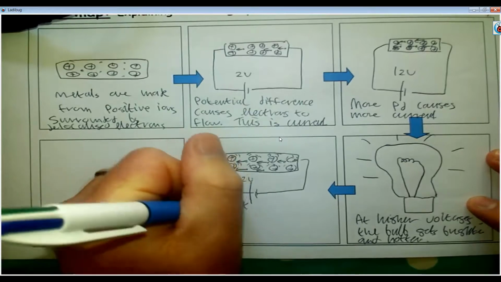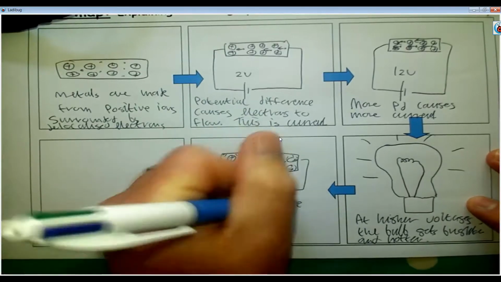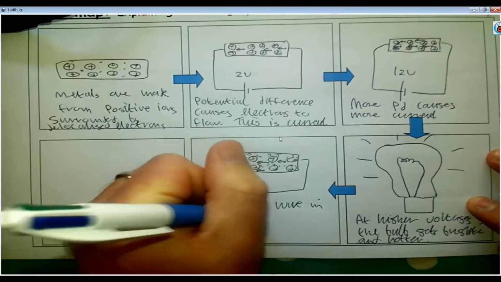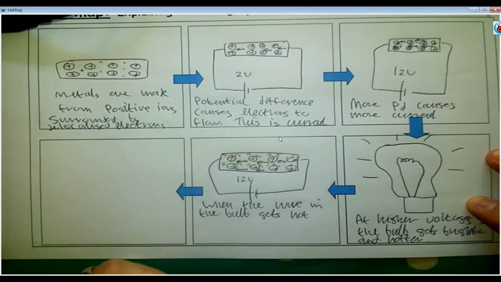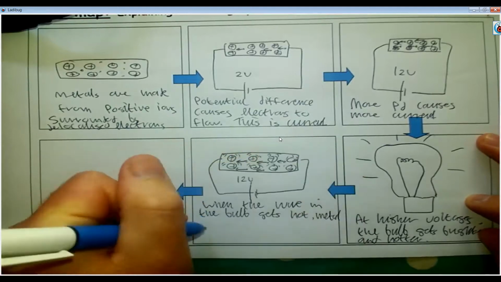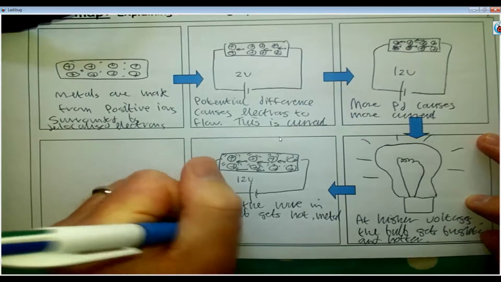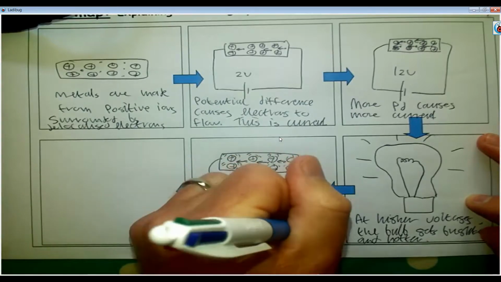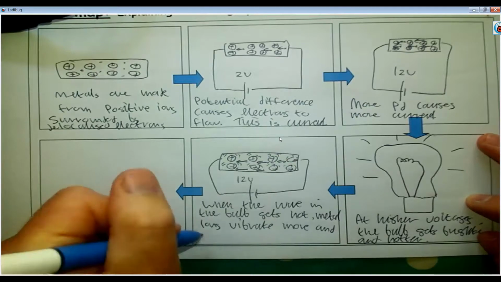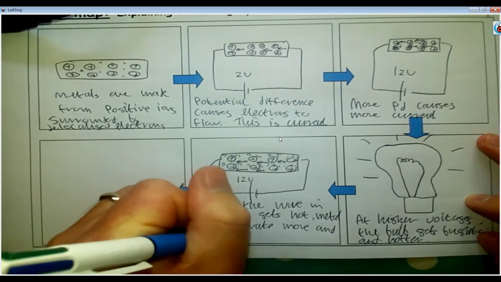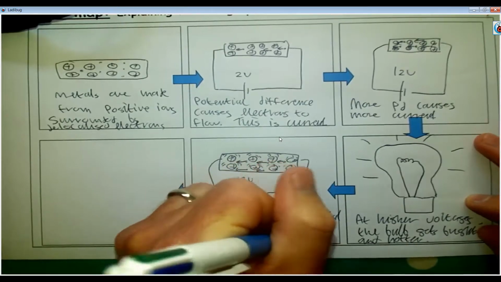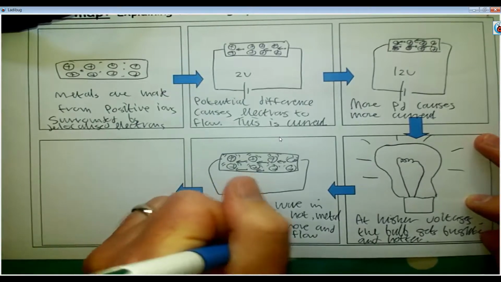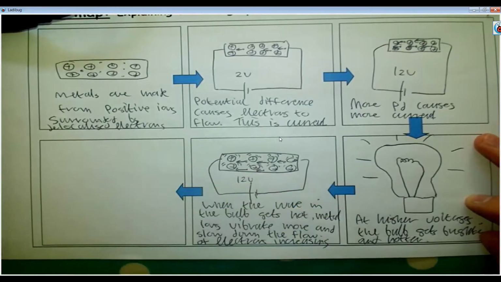So when the wire in the bulb gets hot, metal ions vibrate more and slow down the flow of electrons, increasing resistance.